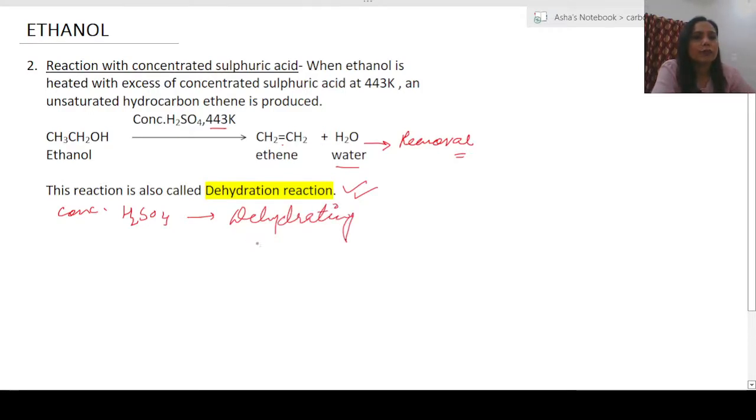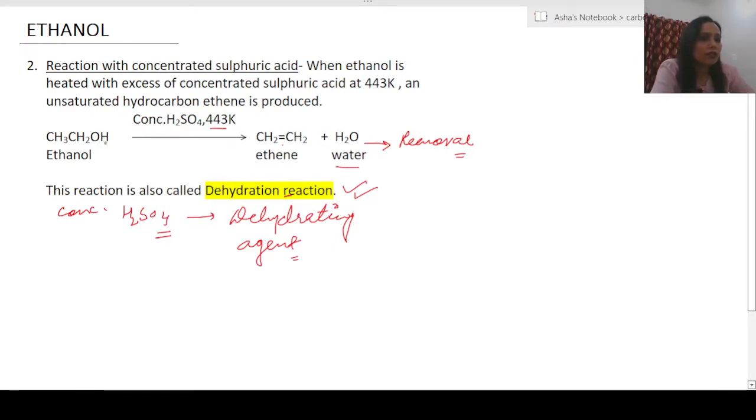It is one of the best dehydrating agents. In most cases, whenever a reaction is done with concentrated H2SO4, there is a removal of a water molecule, which basically makes it one of the best dehydrating reagents. And since there is a removal of water, we also call it the dehydration reaction.